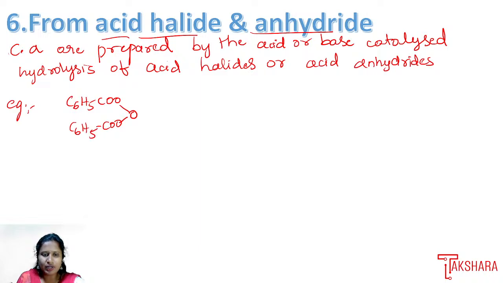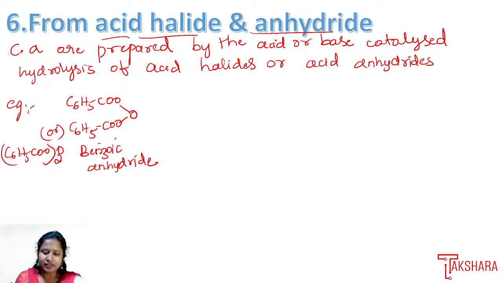Okay, so this is called, or we can also write this as C6H5COO twice O, called as what? Benzoic anhydride. So we call it benzoic anhydride.